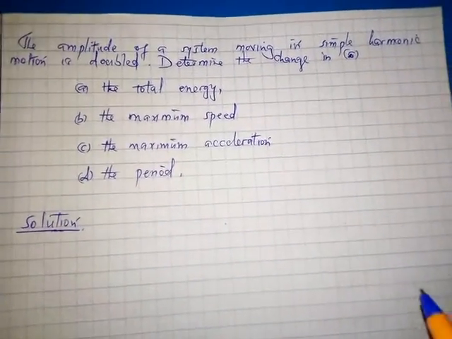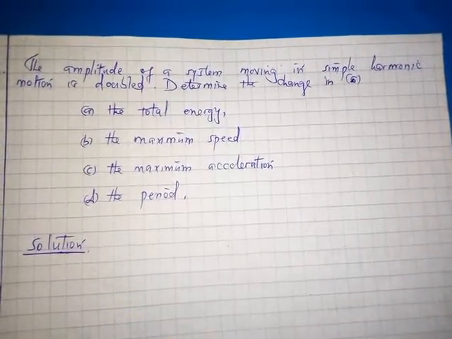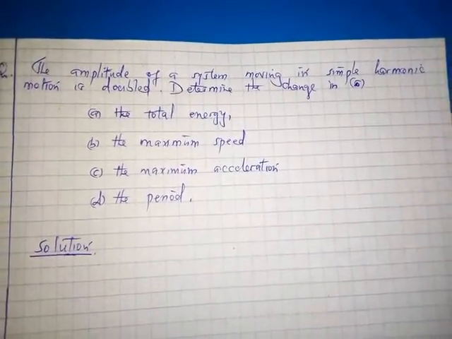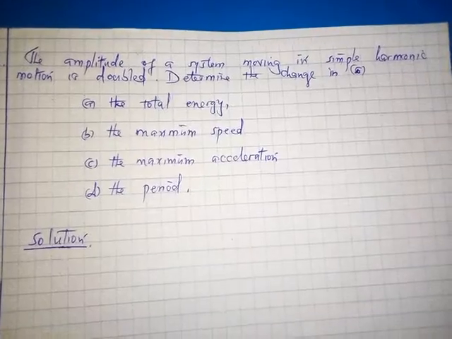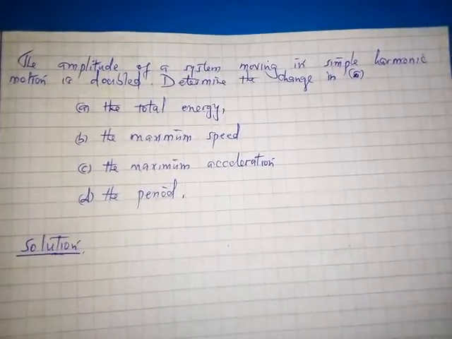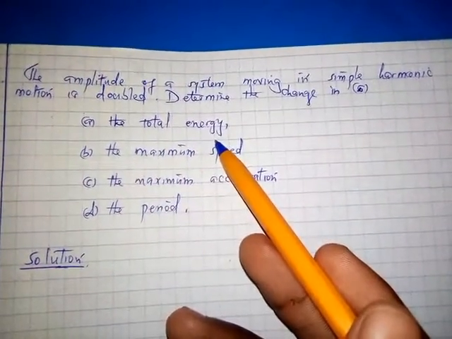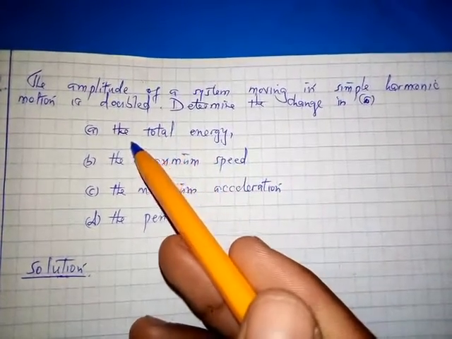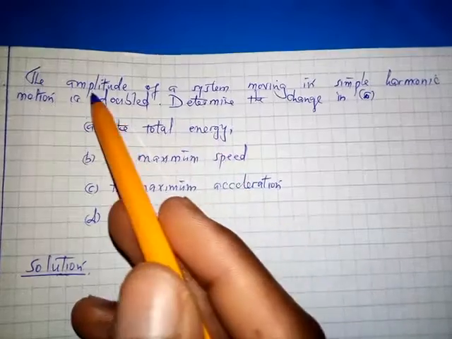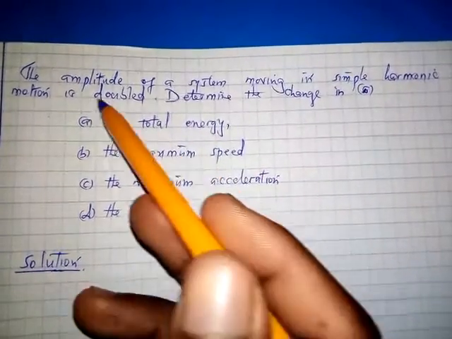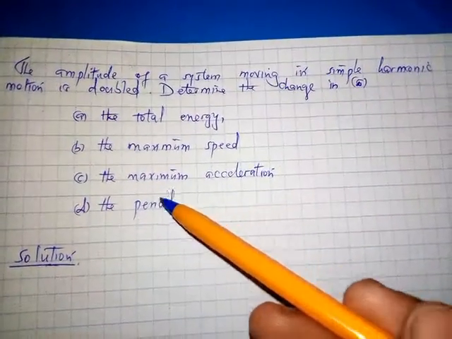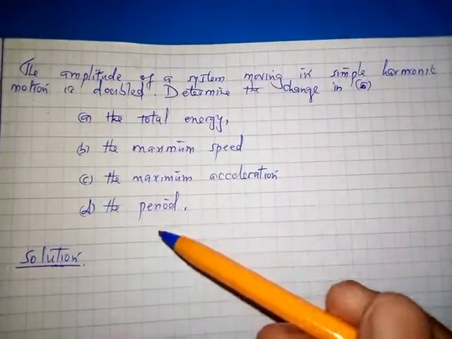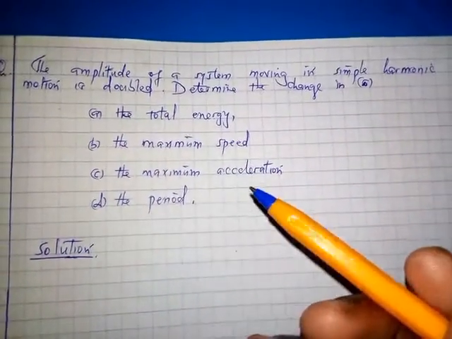In order for you to be able to solve this problem, you have to know the formulas relating total energy and amplitude, maximum speed and amplitude, maximum acceleration and amplitude, period and amplitude.